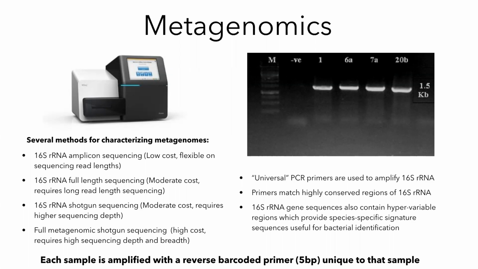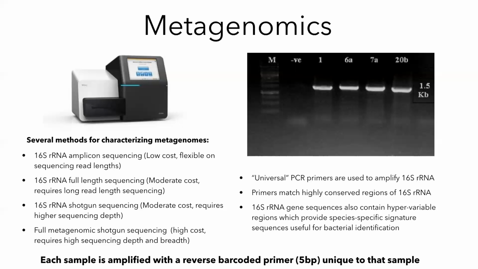And 16S ribosomal RNA shotgun sequencing typically requires higher sequencing depth. And the goal from the full metagenomic shotgun sequencing is also something that is possible with Illumina sequencing. And typically those would be used for assembling. So full metagenomic shotgun sequencing would be used to assemble full genomes present in a sample, which is, of course, much more challenging than trying to look for this 16S region. Now, what is the 16S region?